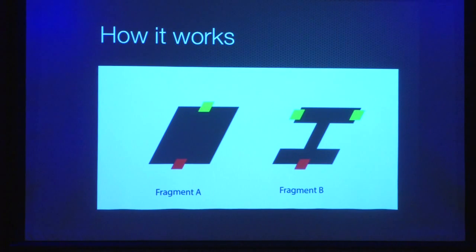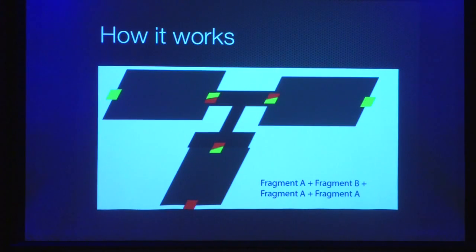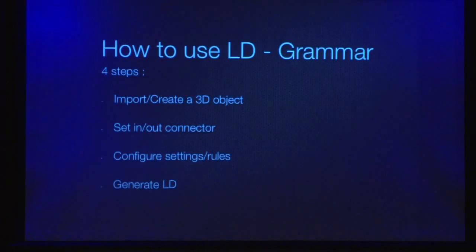How it works. So imagine two meshes, two fragment objects: fragment A and fragment B. After you set all of your fragments, you can combine them. They will be automatically combined, and you can create a lot of combined and complex objects.